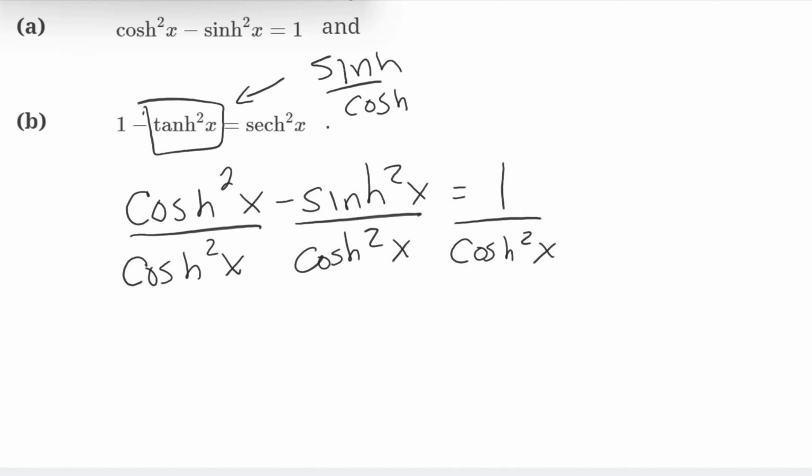As long as I divide everything by the same thing, did I change the problem? No. Cosh squared x over cosh squared x is 1. Sinh over cosh is tanh. 1 over cosh is sech. And I proved that one.